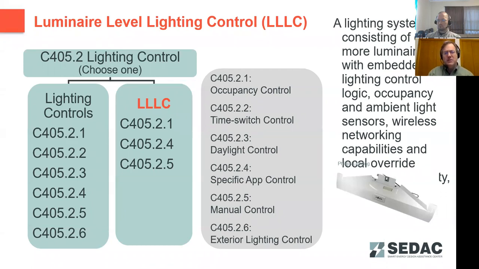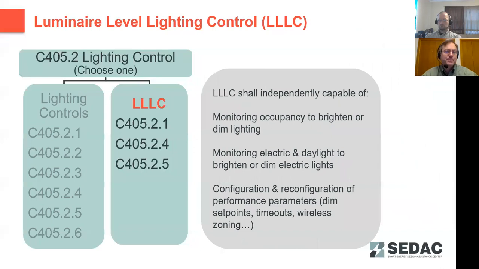Where we see these being more used is in office areas that might be subject to reconfiguration over time, where I may want to reconfigure spaces or change the space use, rather than having to replace the control system. A luminaire level lighting control system can be reprogrammed as the space changes.